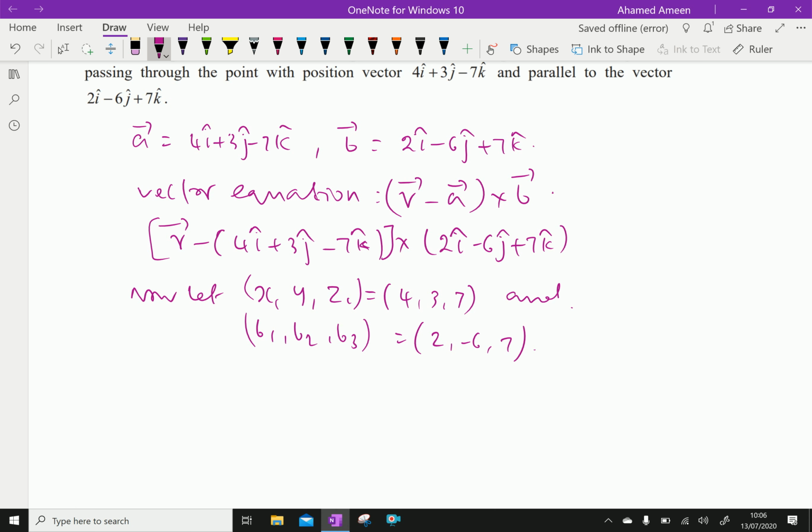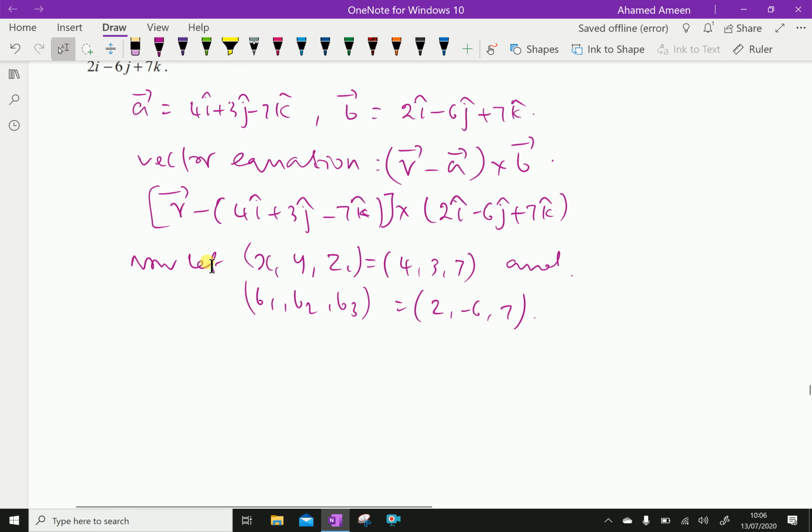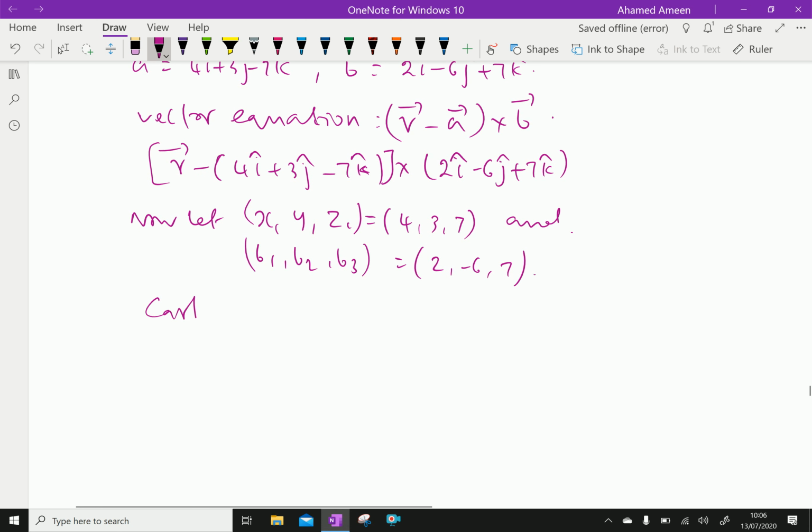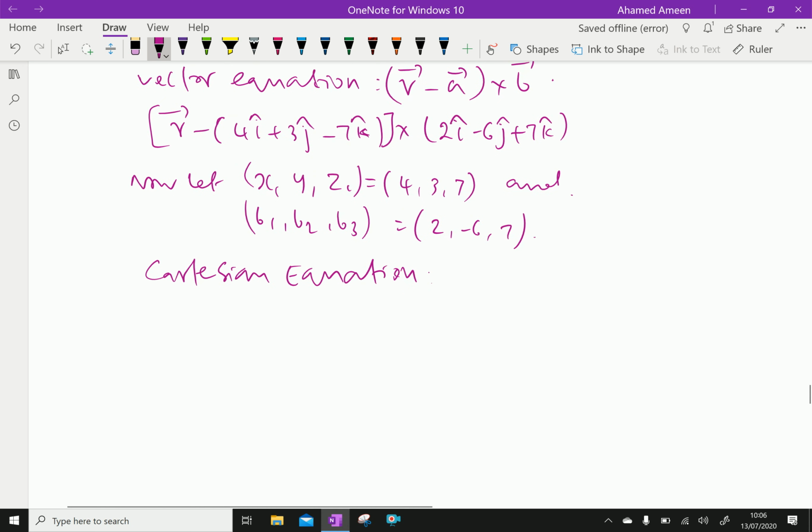Now we'll rearrange to get the Cartesian equation.